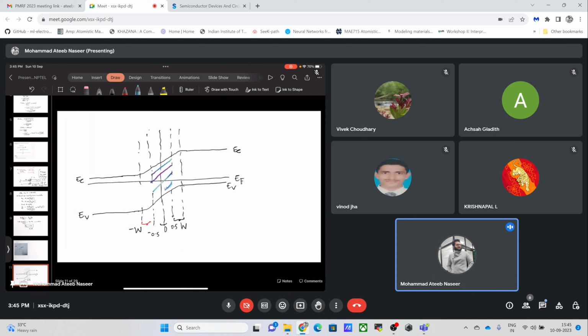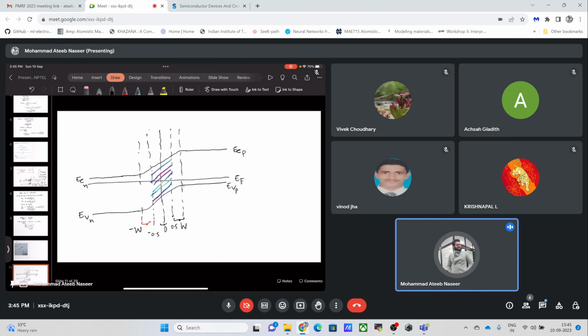Let me draw it like this. So this is the intrinsic region that we will be having. Now we have to find the built-in voltage. Simply, built-in voltage is the difference in the conduction band. This conduction band, for example, if it is the P side, if it is the N side, let me write it down explicitly.